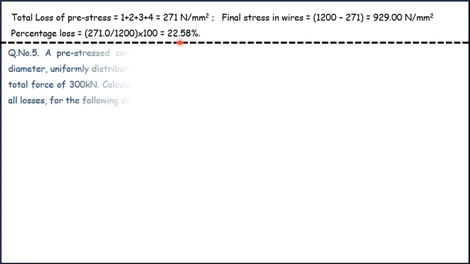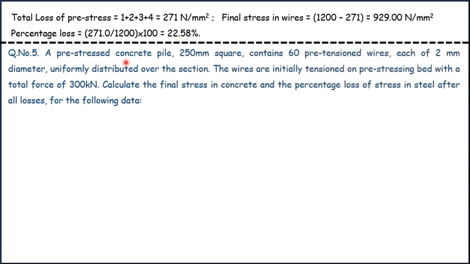Moving to the fifth problem. A pre-stressed concrete pile 250 mm square contains 60 pre-tensioned wires, each of 2 mm diameter, uniformly distributed over the section. The wires are initially tensioned on a pre-stressing bed with a total force of 300 kilonewtons. Calculate the final stress in concrete and the percentage loss of stress in steel after all losses for the following data.